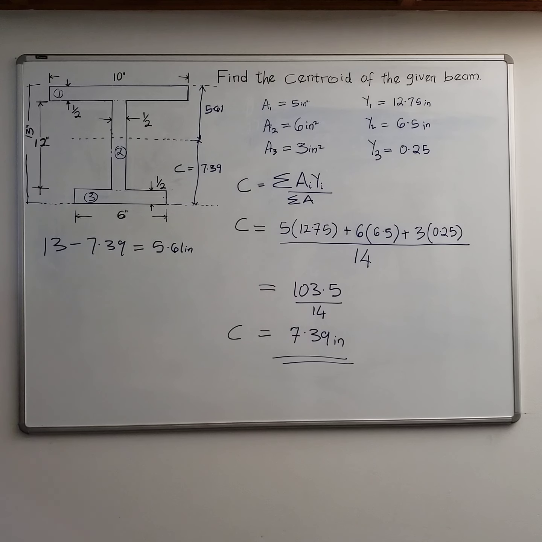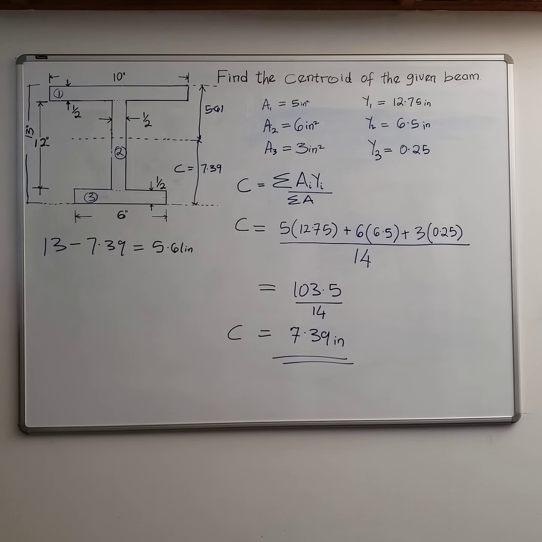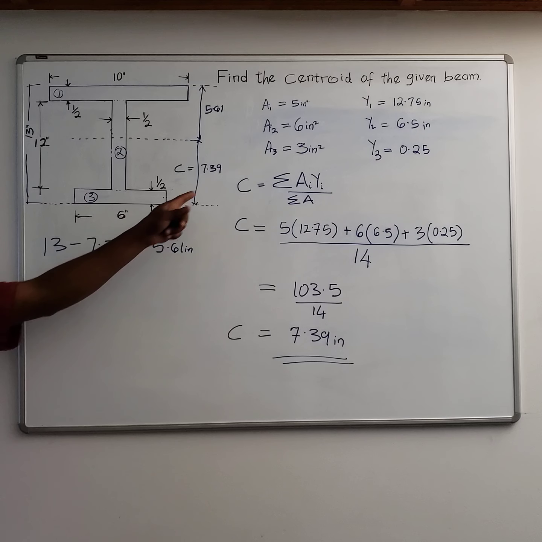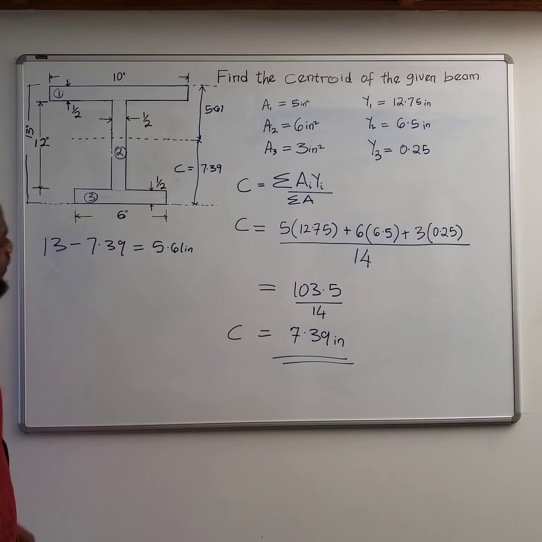Depending on what you want to calculate, let's say for example you want to calculate the compressive stress on the top of the beam, you are going to use this value. If you want to calculate the tension at the bottom of the beam, you are going to use this value. But this is our final answer.